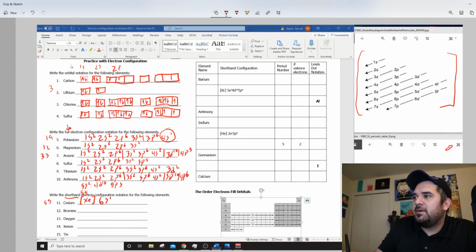Here's bromine right here. The noble gas that comes before bromine is going to be argon. So here we're going to start off with brackets, Ar for argon. And then after argon, we have our 4s2, and then we have our 3d10, and then we have 4p5.